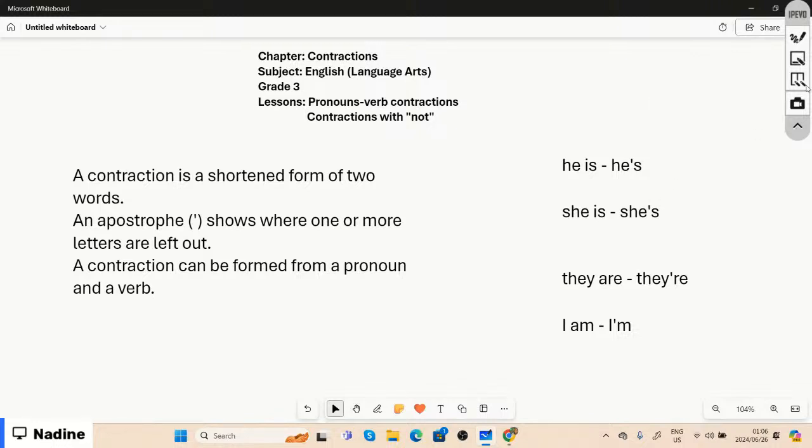A contraction can be formed from a pronoun and a verb. So a pronoun and a verb.